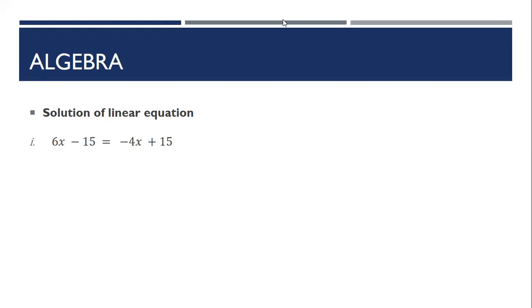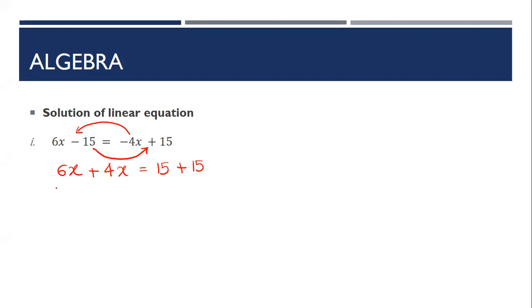Okay, so you are saying the x value is 3. Okay, let's see. So our question 6x minus 15 is equal to minus 4x plus 15. So I take this minus 4x into the left side, so it becomes plus 4x, and this minus 15 goes to the right side, it is plus 15.